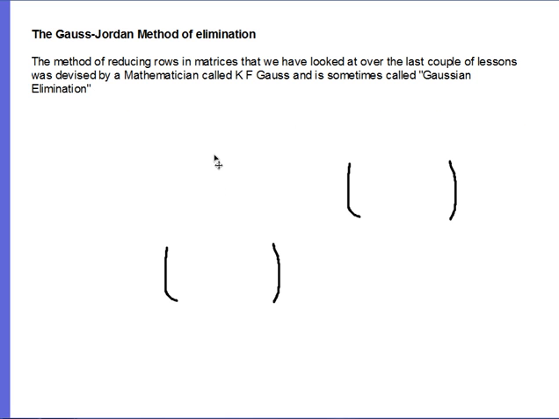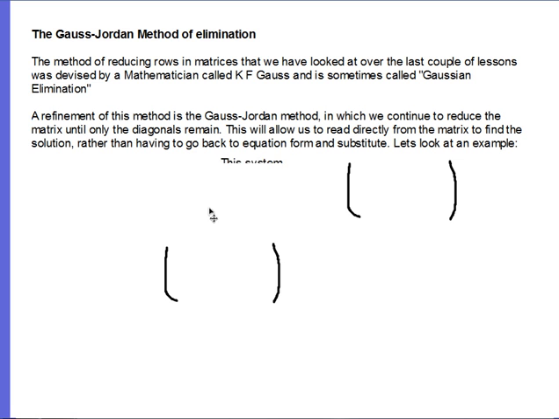Remembering that with the row reduction method, our goal was to reduce the augmented matrix into echelon form. Echelon form was where generally you had numbers in the diagonals and above the diagonals and zeros below.